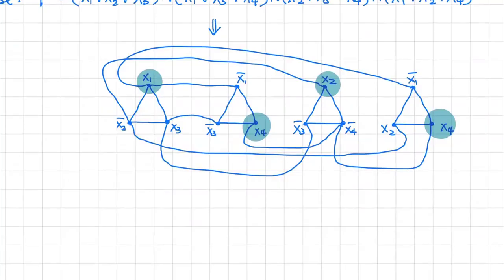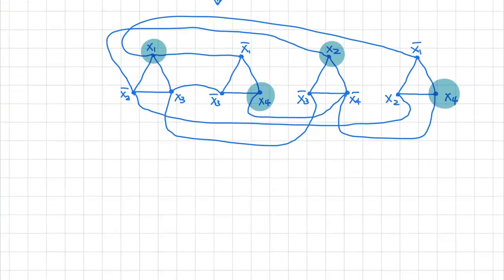That means our formula is satisfiable. Yes. Why? Because we are able to select one from each triangle. Now, what's our assignment? X1 equals 1, X4 equals 1, X2 equals 1, X4 equals 1.